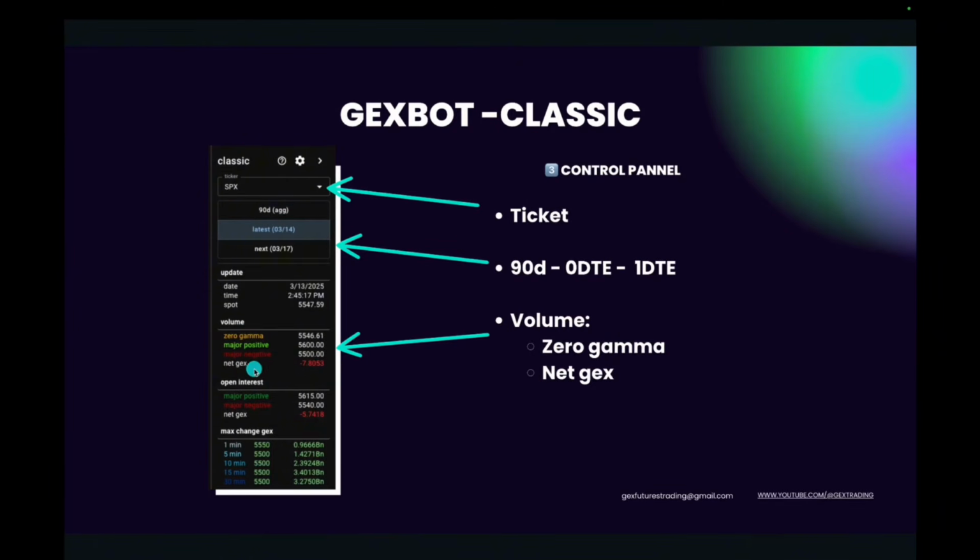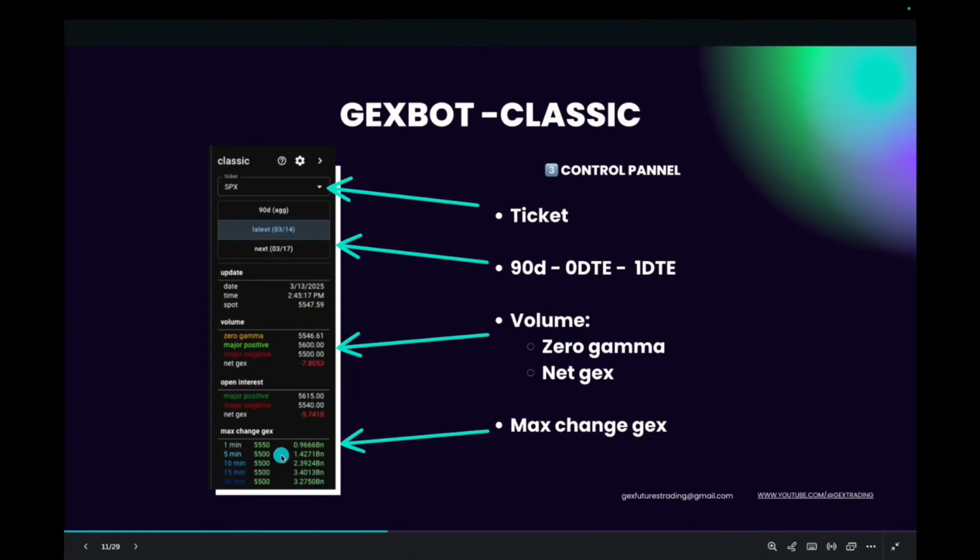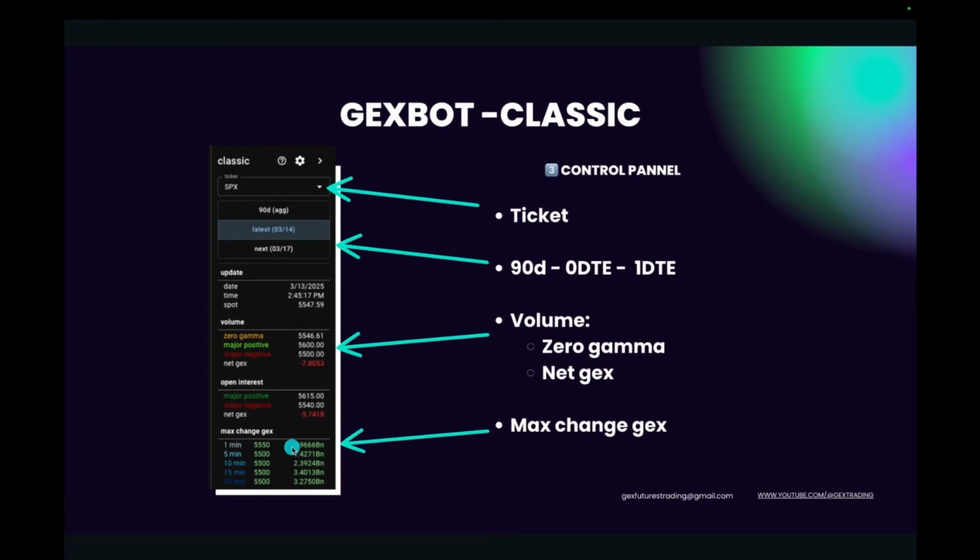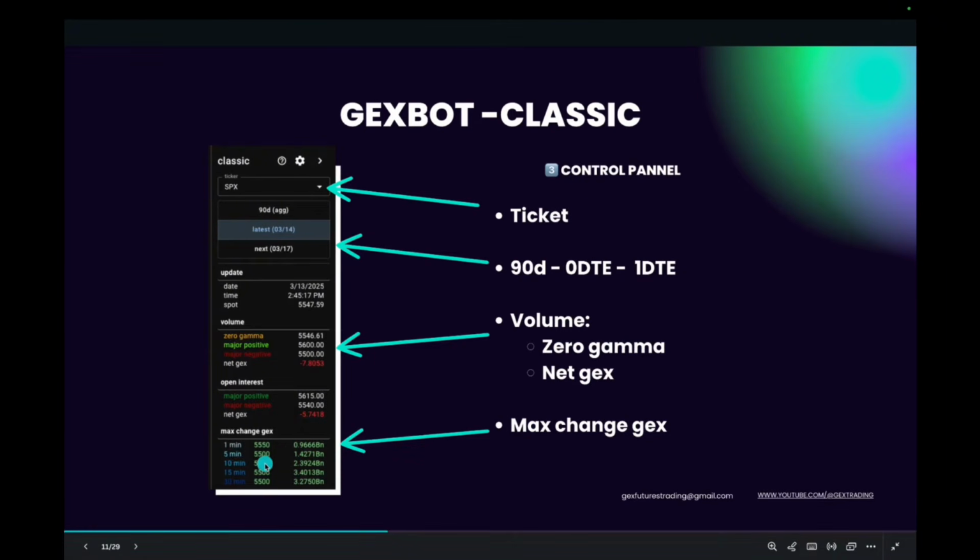This is where you see the net GEX, net gamma exposure, and you can also see the zero gamma. I'm going to teach you how to read zero gamma too. And this is very important, the max change in gamma exposure. This is where the biggest change has happened in the last minute, 5 minutes, 10 minutes, 15 minutes, and 30 minutes.